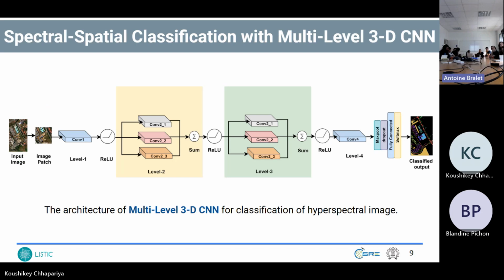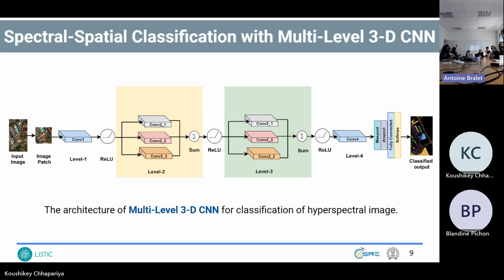So this is one of the methodologies which I use, which is multi-level 3D CNN. The input image which you can see is satellite data, and I have taken a patch of that image. I've considered 4 convolution layers, in which 2 convolution layers I have kept as 3D convolution with 3x3 kernels, while the other two convolution blocks I have considered as a level.